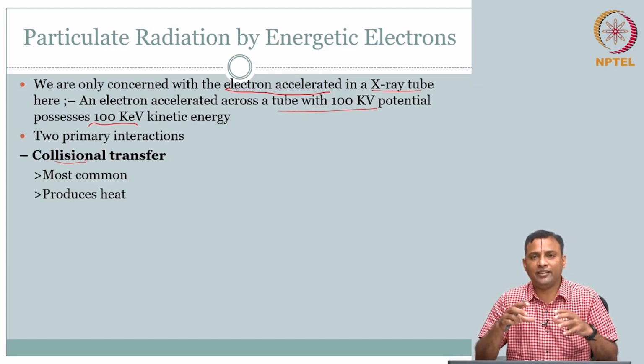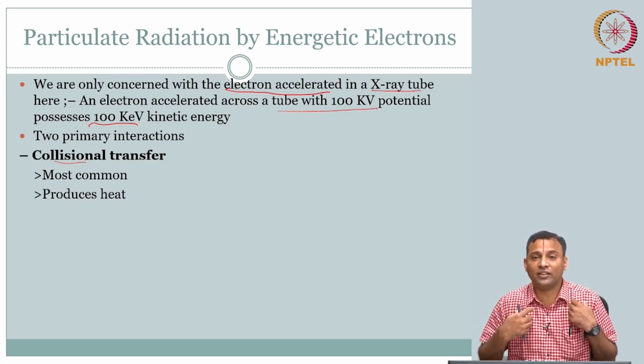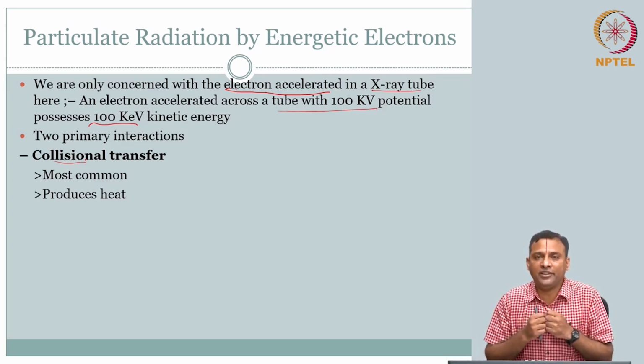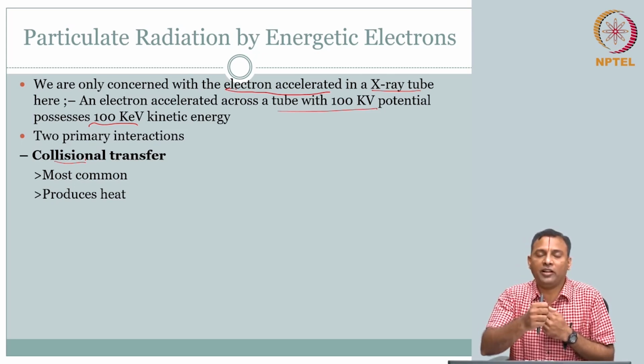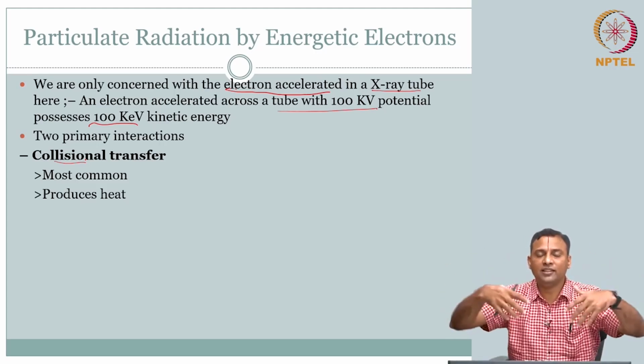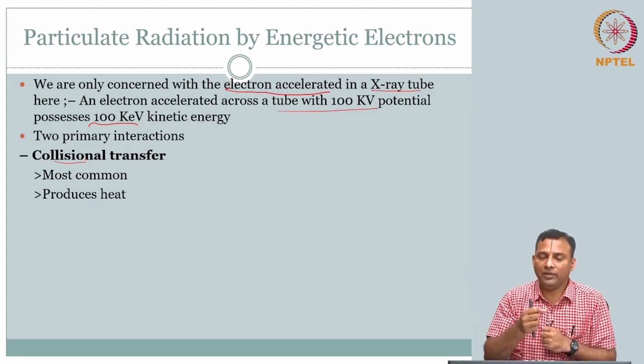What is collisional? Just to appreciate the concept, I am going to use, this is not realistic, we are not electrons, we do not have that much energy, but pretend I have energy, I am the magnified version of an electron, and I am going to run through with all the energy, and there are a lot of people, a lot of other electrons, there. What will happen? First thing is I will collide with them.